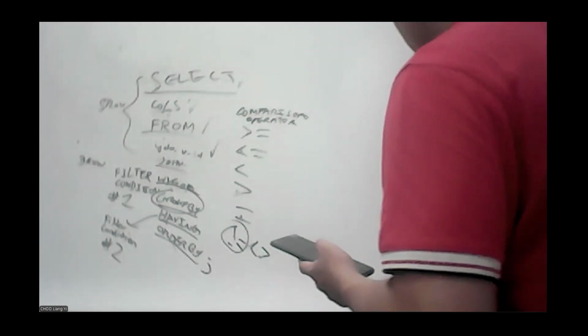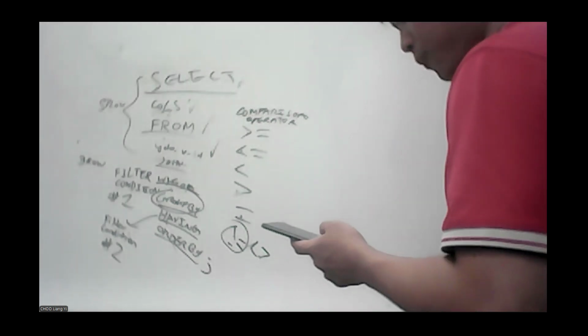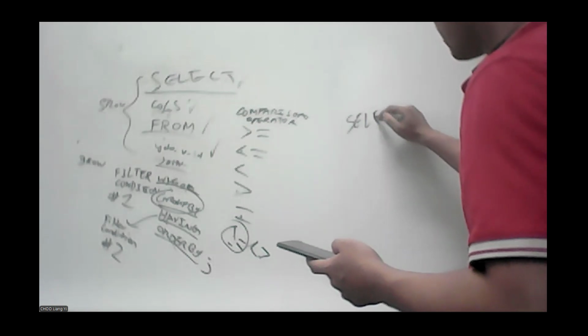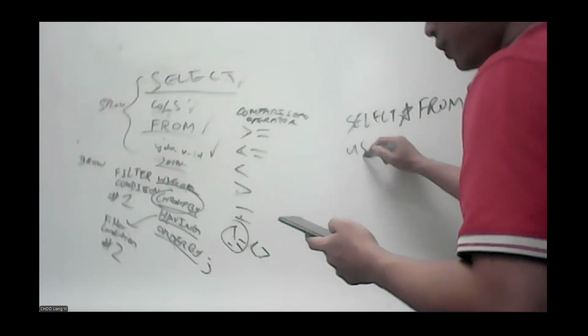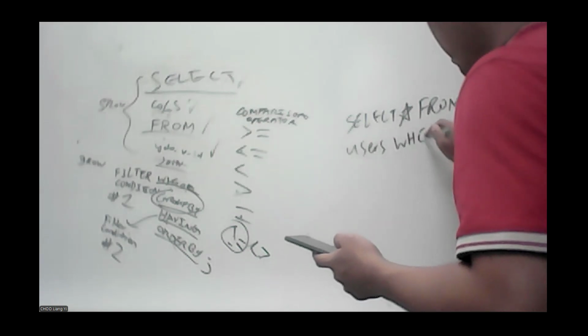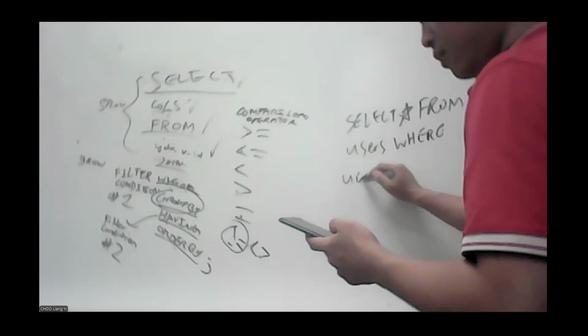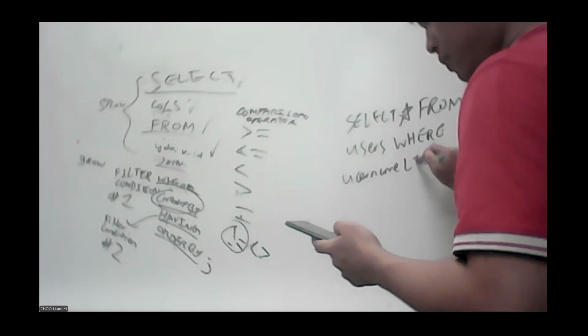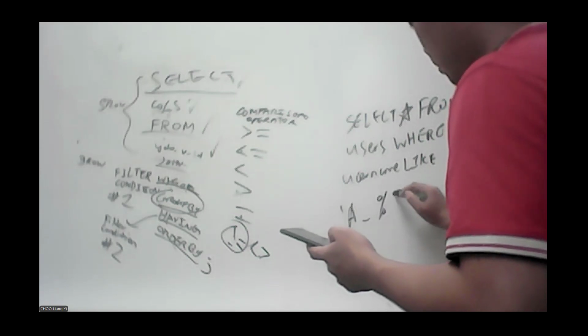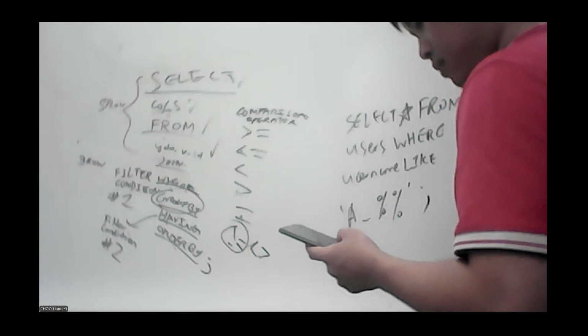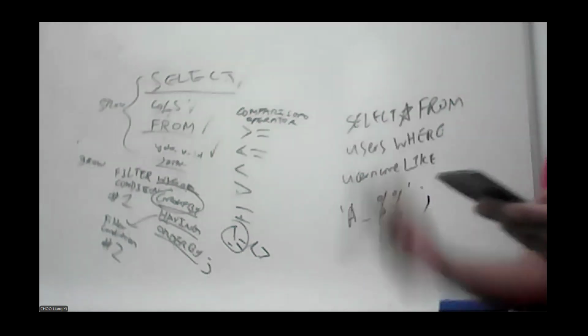Okay, then last one, maybe I combine both. Select star from users where username like 'a'. Yeah, let me try.